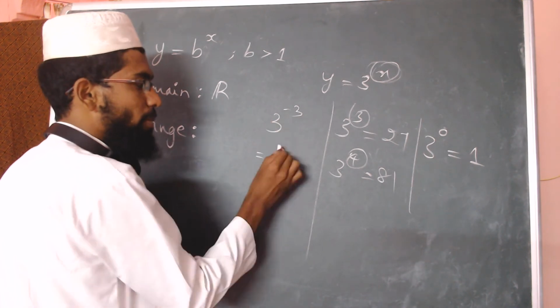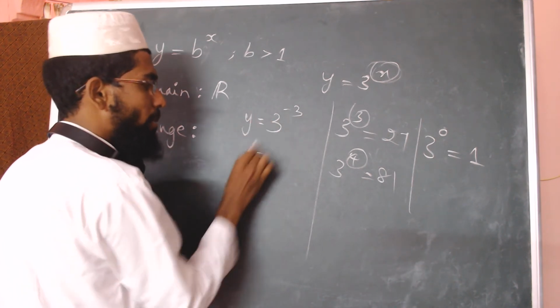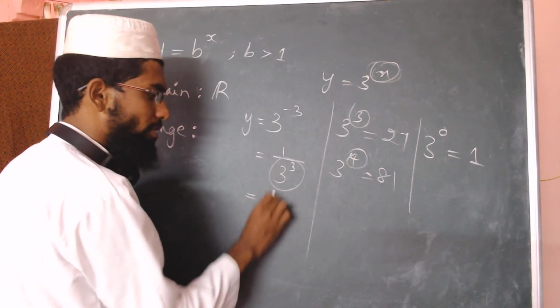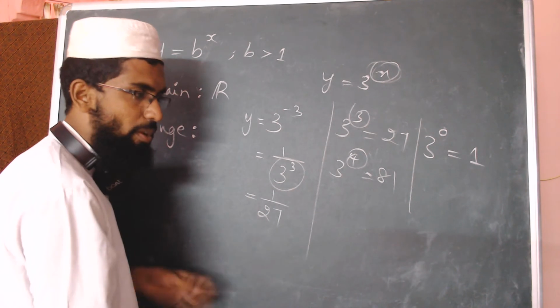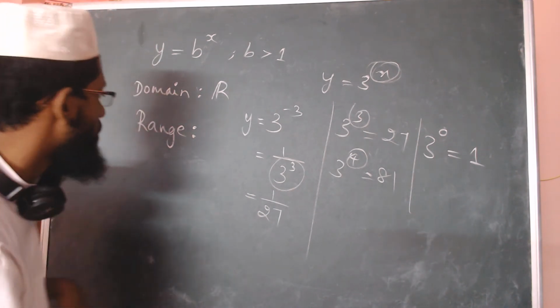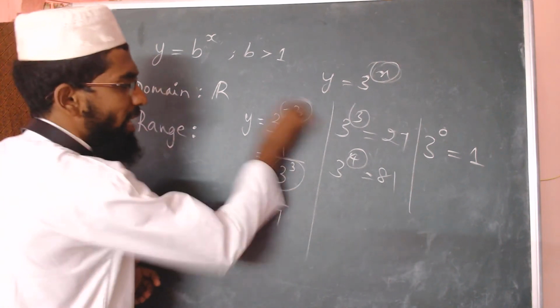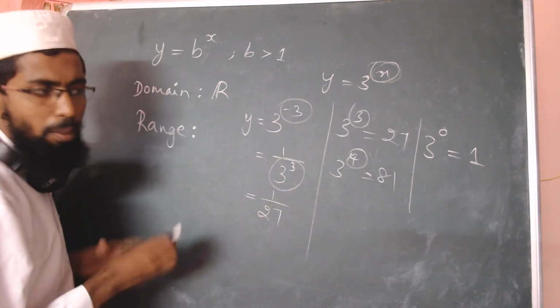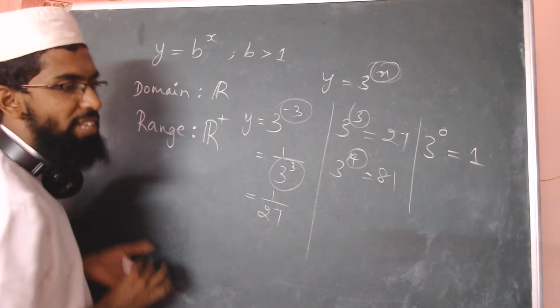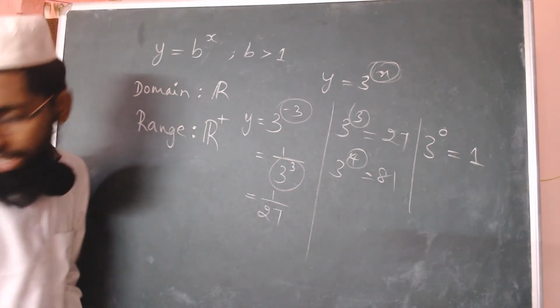I can write 3 power minus 3 as 1 by 3 power 3, which is 1 by 27. Is that a positive or negative number? It is a positive number. So even if I substitute a negative value, the final answer will be a positive real number. Therefore the range is all positive real numbers.